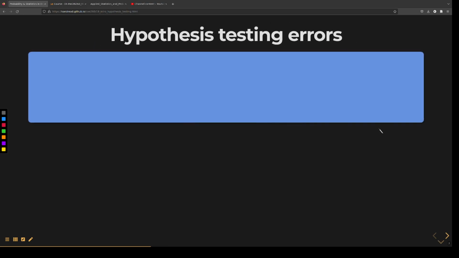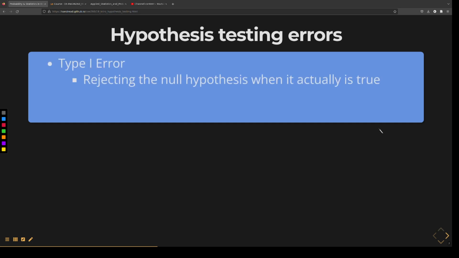And by rejecting the null hypothesis, there is a probability that we made a mistake, that actually, despite the fact that we rejected the null hypothesis, we weren't supposed to. The mean is actually closer to 50. So when the null hypothesis is actually true and we reject it, then we have what is called a type 1 error.